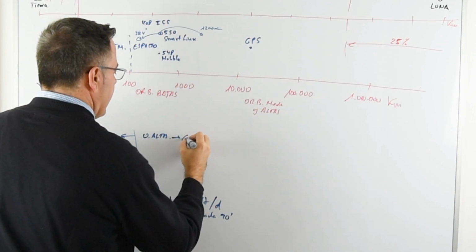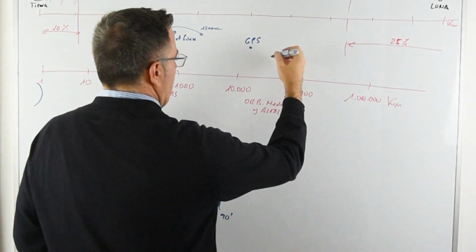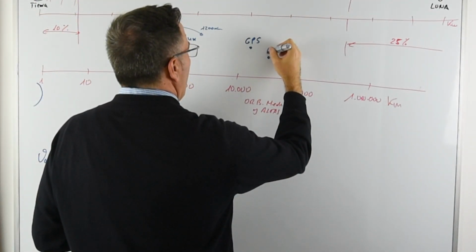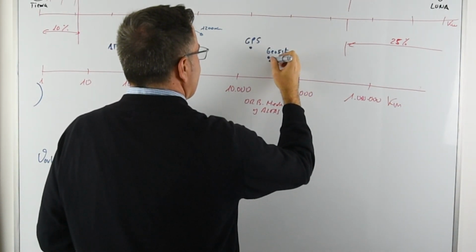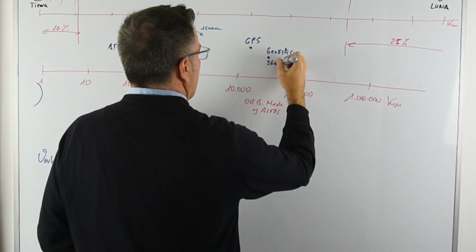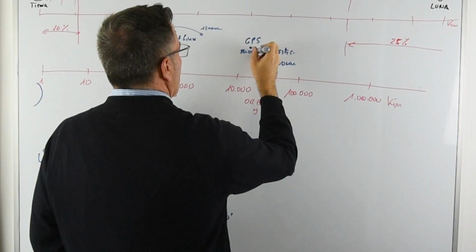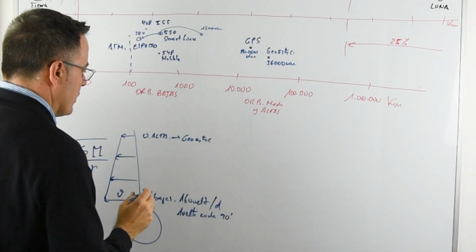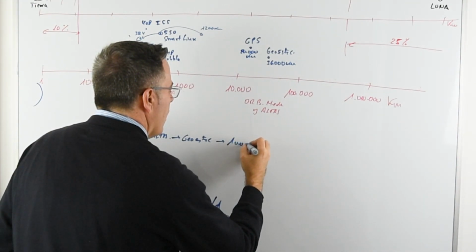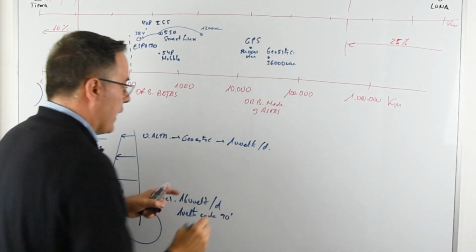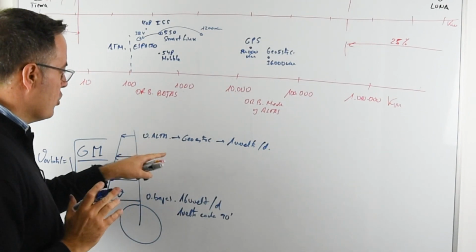Whereas in a far orbit, such as the geostationary one, we need 11,000 kilometers per hour, and we are rotating at the same speed as the Earth. So this has good advantages for telecommunication purposes.